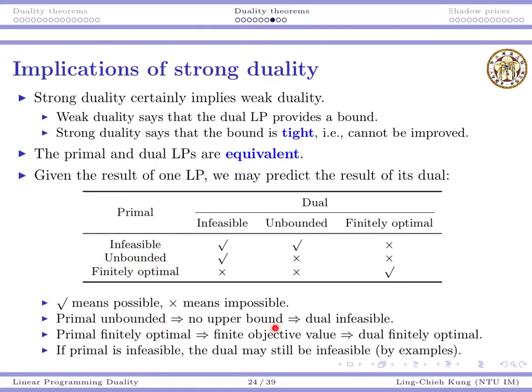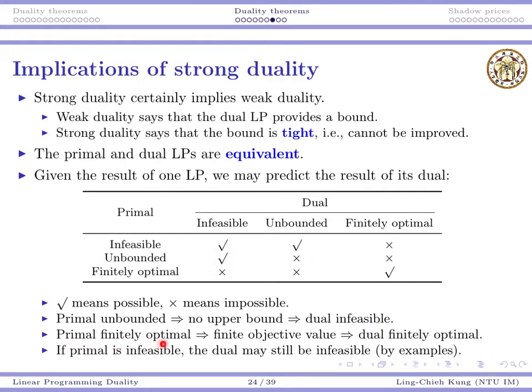You cannot claim that all the primal solutions are less than or equal to something, because that's impossible. If there's no upper bound, that must mean your dual problem is infeasible. So when your primal is unbounded, your dual must be infeasible. All the other two are impossible.